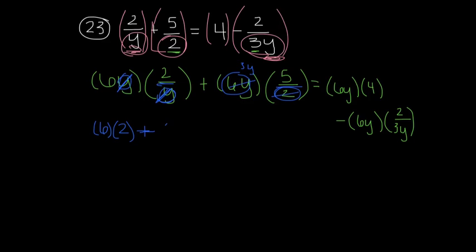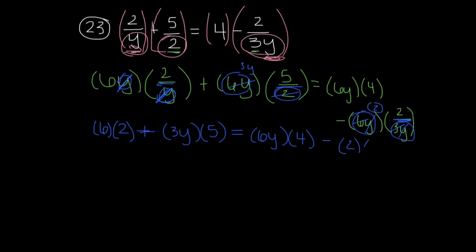So that is going to be plus 3y times 5 equals, I still just have that 6y times 4, that's not going to change, minus 6y divided by 3y. Well, the y's completely cancel, and 6 divided by 3 is 2. So that gives me 2 times 2.